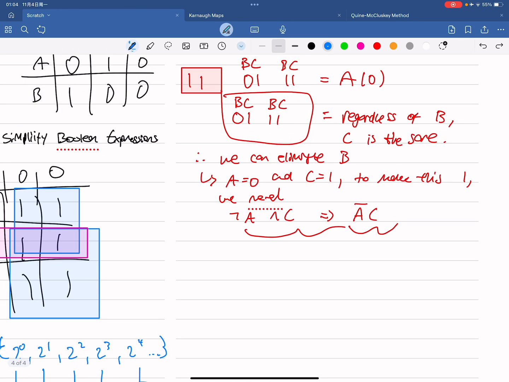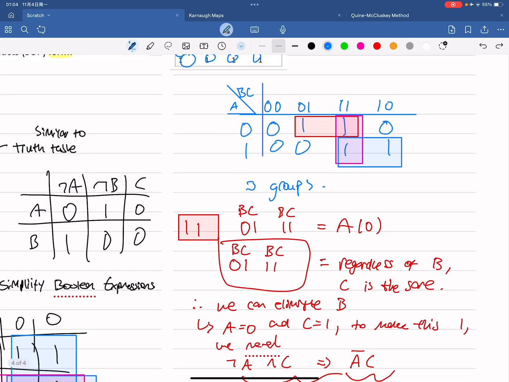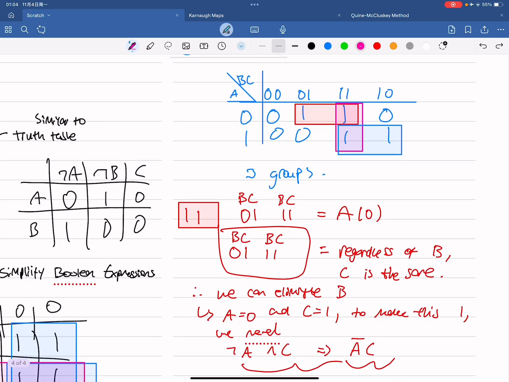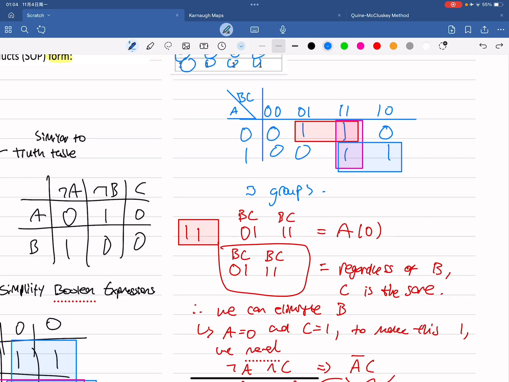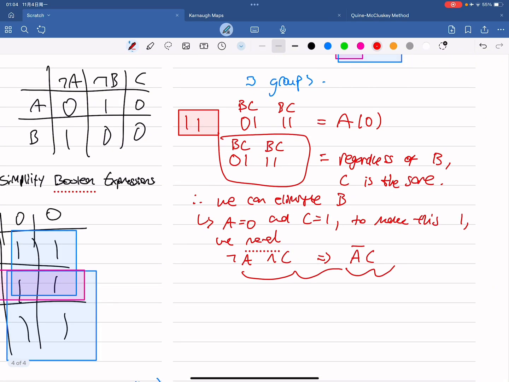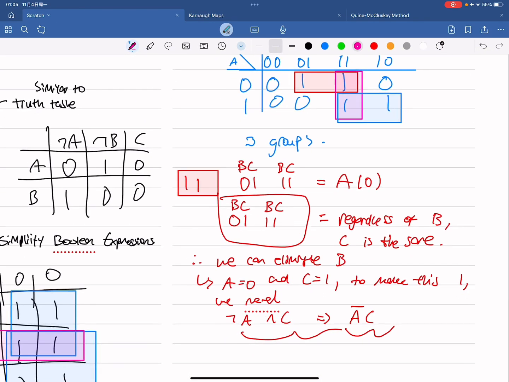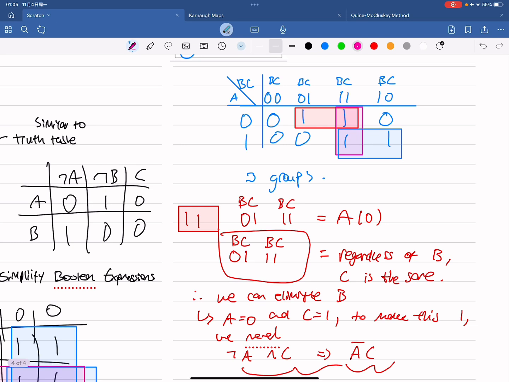Okay, now let's look at the different groups. So we have the red group, now we have the pink group. The pink group is, let me do BC, BC, BC, just so it's easier to look at. Now, we do not talk about the pink group, we just talk about the red and blue groups, because they cover all the ones. The pink just covers two of the overlapping ones, so we don't need to count pink, but we just group them.